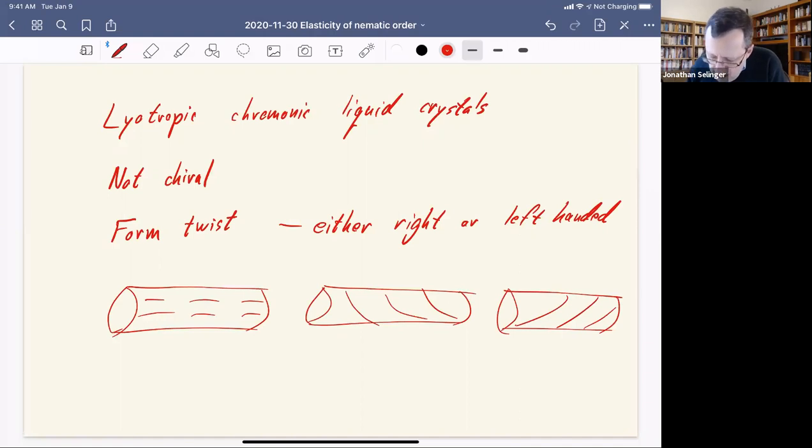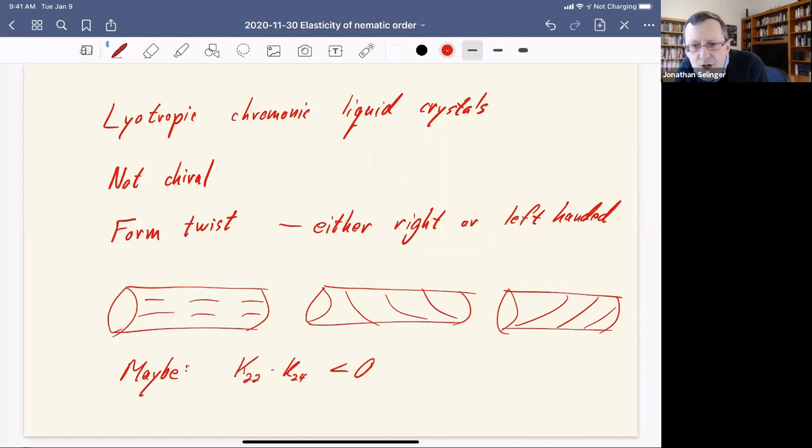And so maybe this could be a situation where K22 minus K24 is negative.